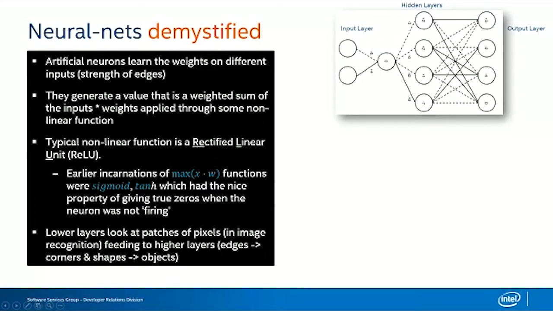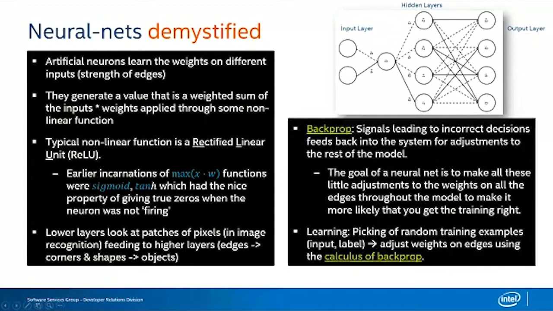And you have a function that allows the output coming from any one of these neurons to be capped between two bounds. So usually sigmoid or hyperbolic tangent functions are used to get values between -1 and 1 or between 0 and 1. And so what you really find is that the initial layers try to figure out overall edges, and then they try to figure out corners and shapes, and finally you have object recognition.